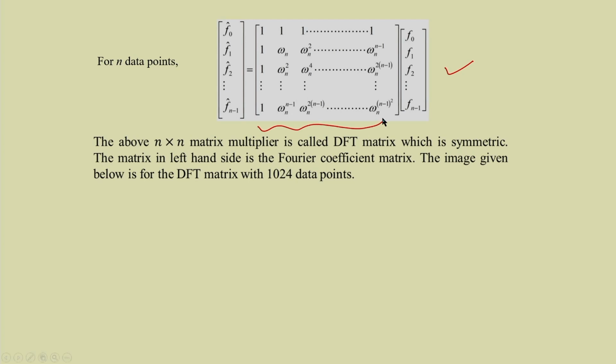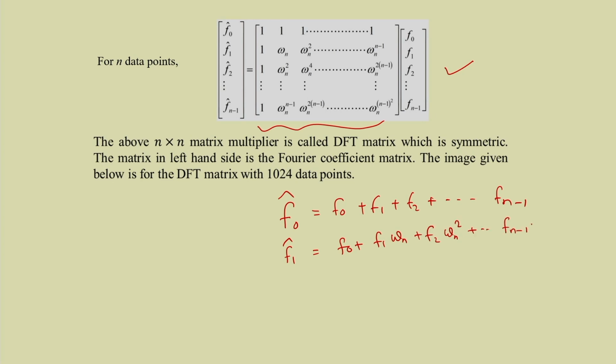We have written f_0 cap, which is equal to f_0 plus f_1 plus f_2, already we have derived this, up to f_{n-1}. And f_1 cap you have seen we have written, in the previous slide, equal to f_0 plus f_1 omega_n plus f_2 omega_n square, and this way it will go on, and this becomes f_{n-1} omega_n to the power n minus 1.